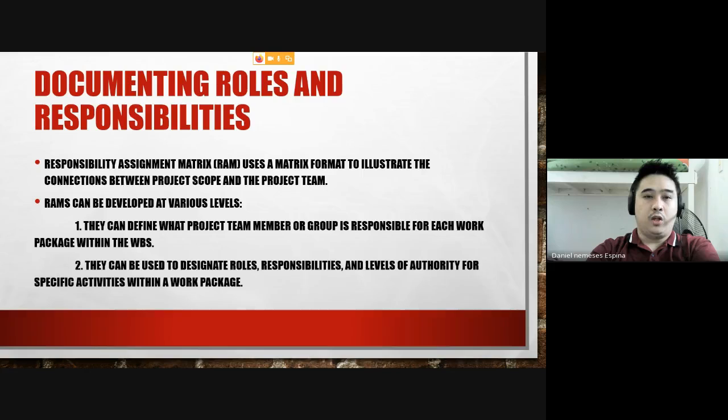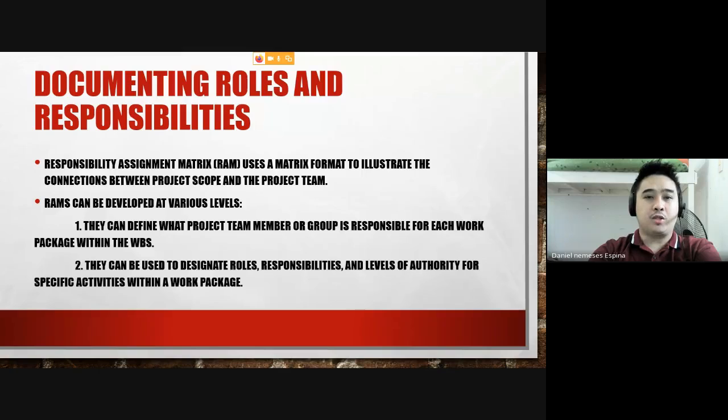So in documenting the roles and responsibilities, we use the responsibility assignment matrix. The responsibility assignment matrix uses a matrix format to illustrate the connections between the scope of the project and the project team. Aside, diba, we are already done with the work breakdown structure.